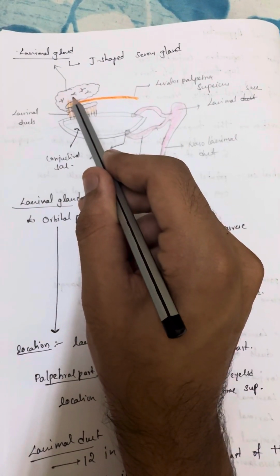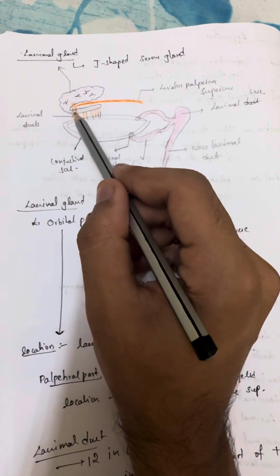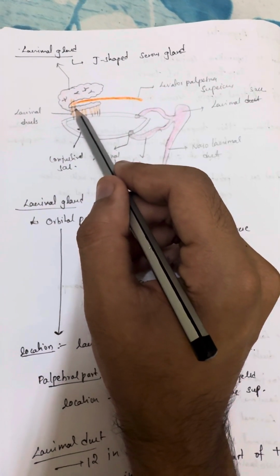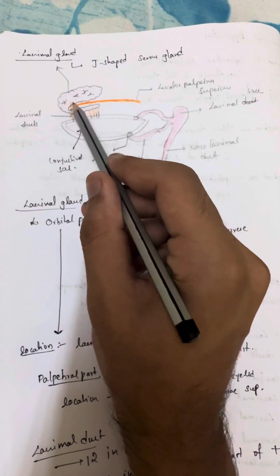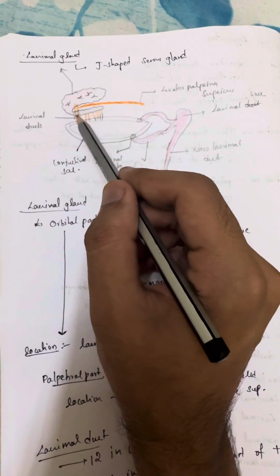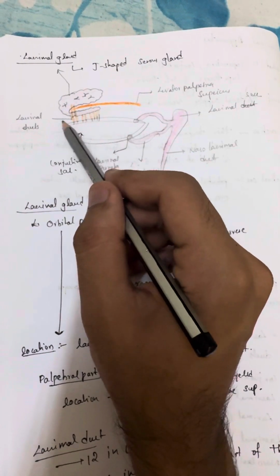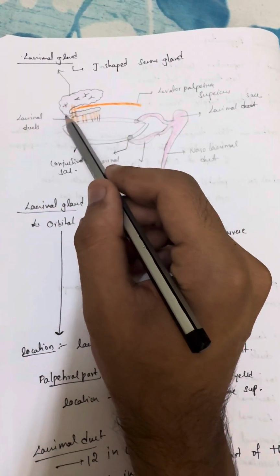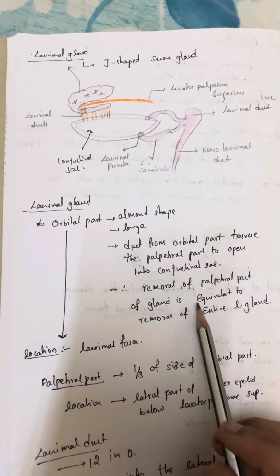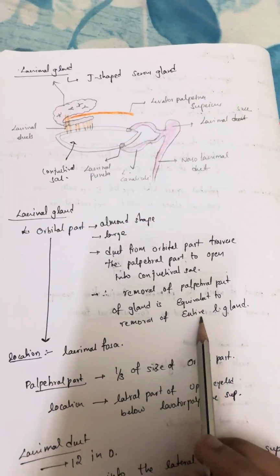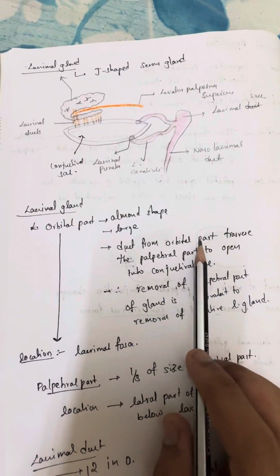So even if the orbital part is present, the secretions do not pour into the conjunctival sac due to the loss of the lacrimal duct, because the orbital part's duct passes through the palpebral part. If we remove this, the duct is lost. So the removal of the palpebral part of the gland is functionally equivalent to the removal of the entire lacrimal gland. This is one of the clinical correlations.